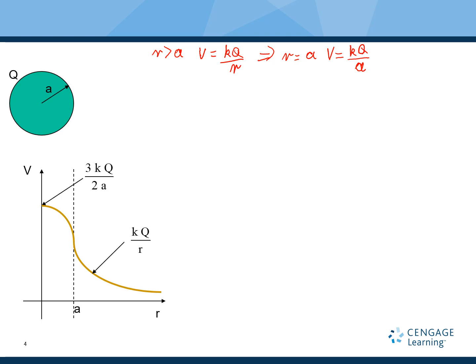Now let's also recall that for r less than a, we have the formula E equals kq r divided by a cubed.